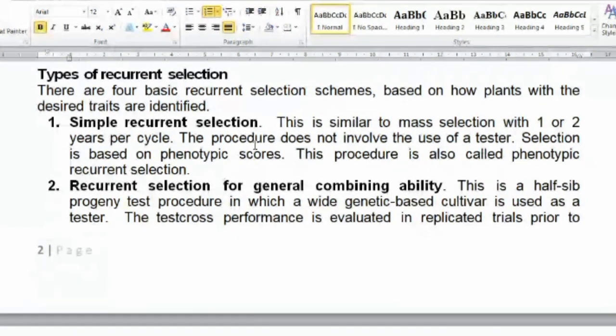The procedure does not involve use of a tester, and selection is usually based on phenotypic scores. It's based on what you see. This procedure is sometimes called phenotypic recurrent selection.